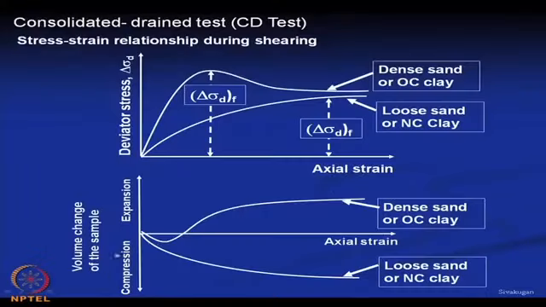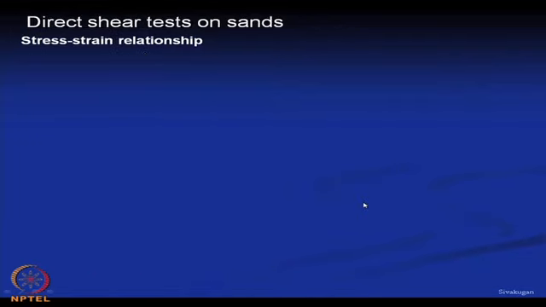But if we apply more load, this dense condition will become a loose condition, that means the voids between the soil particles will increase. Once it becomes very dense, then on applying further stress the pore volume will increase. That is why the volume changes this way for the dense sand.